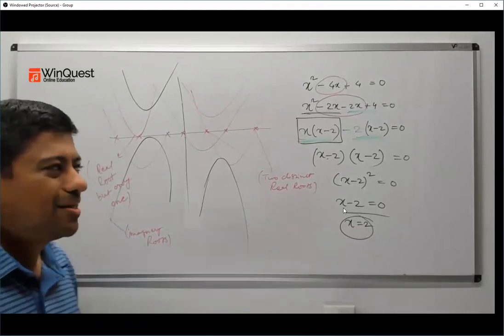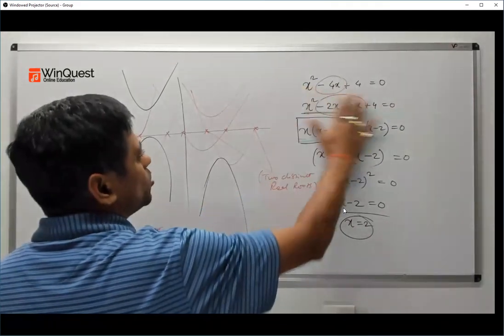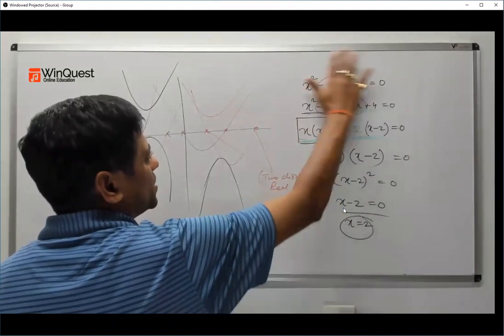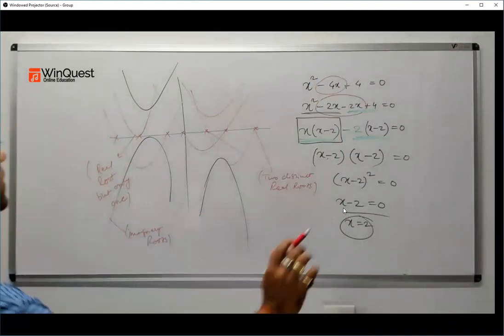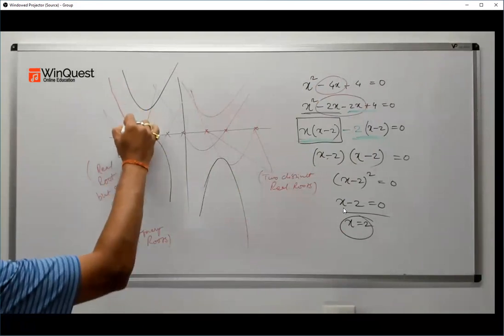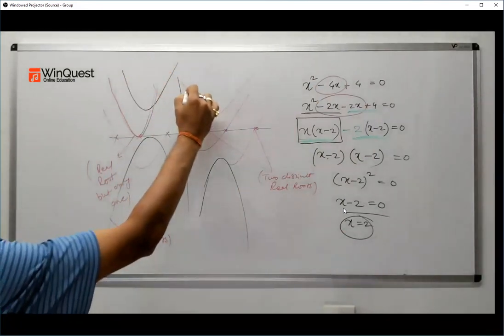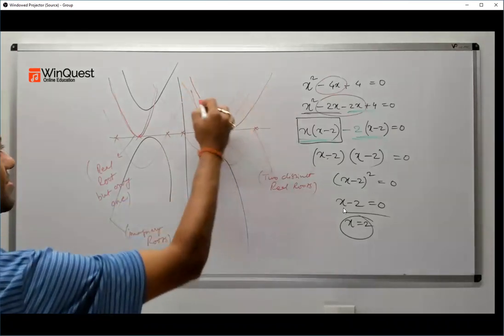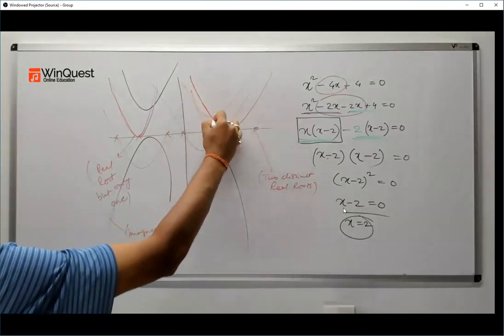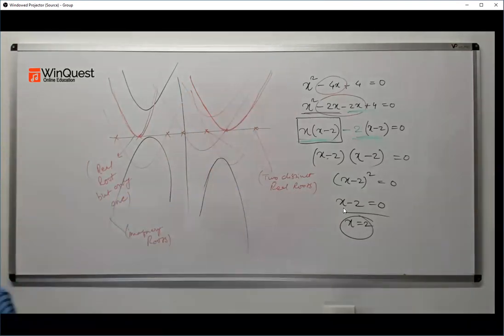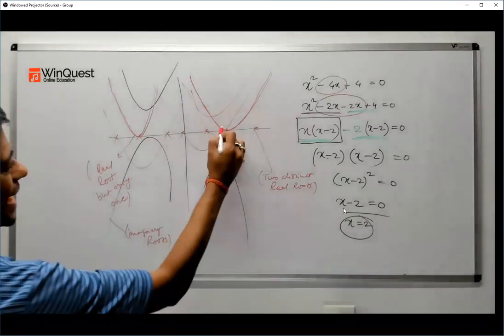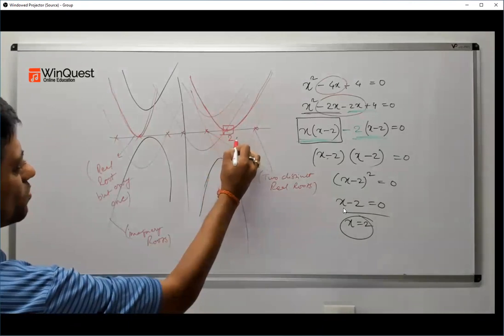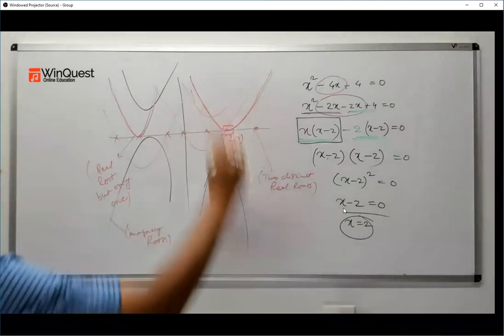That means if you try to draw the graph of this one, it will definitely be something like this, or something like this. x equals 2: it will touch directly here, at the point (2, 0), and then it will go up.